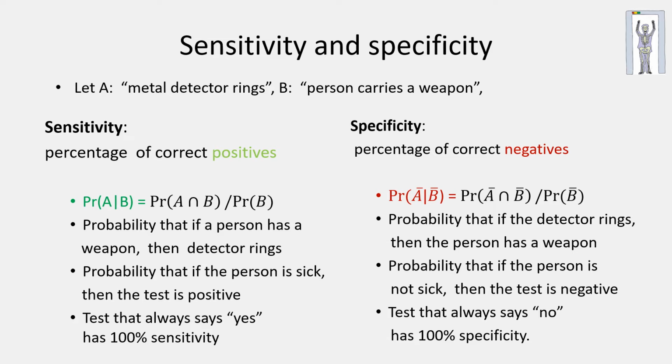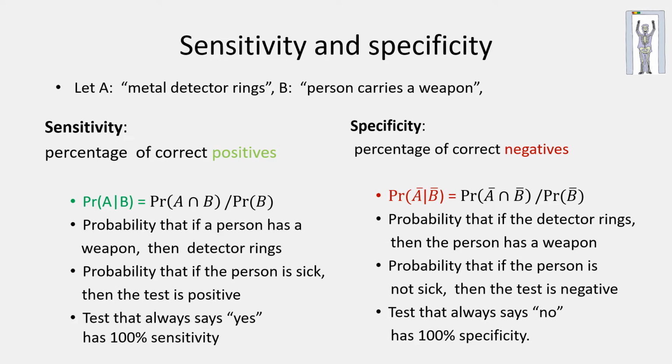Specificity would be the number of correct negatives over all negatives, the probability of not A given not B. So it's the probability that if the person is not sick, then the test is negative. And if you take the contrapositive of it, it's the same as saying: if the test is positive, then it must be that the person is sick. What is the probability of that?